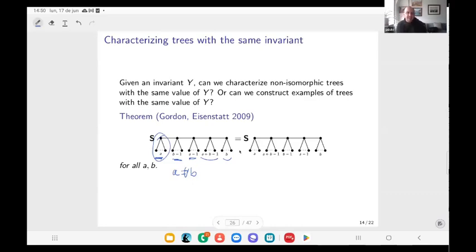So the question of whether trees with the same subtree polynomial have to be isomorphic, the answer is no. We have a counterexample to this. This was proved in 2009.